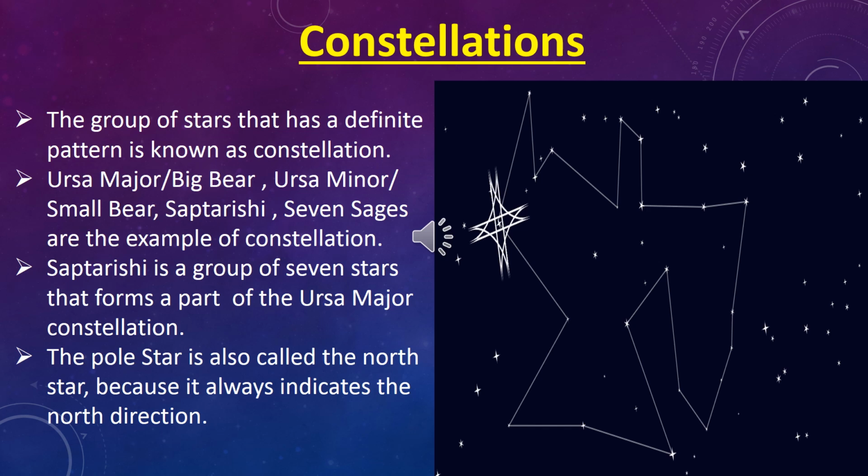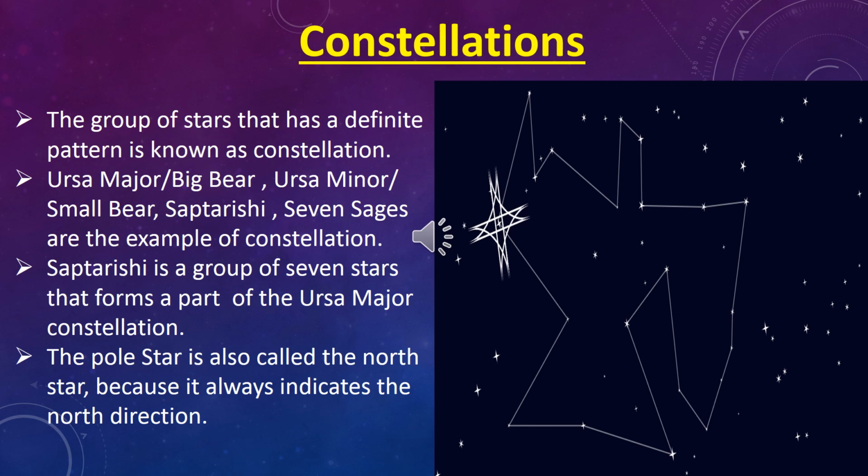Ursa Major, Big Bear, Ursa Minor, Small Bear, Saptarishi, 7 sages are the examples of constellations. These are the names we know of constellations. Saptarishi is a group of 7 stars that forms a part of the Ursa Major constellation.